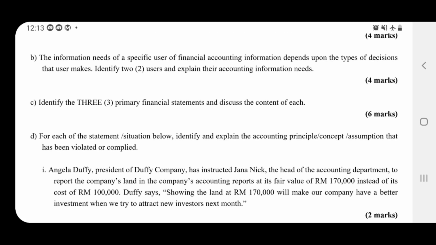Creditors will give credit to a business if they see that the business has liquidity or has cash to pay the credit.